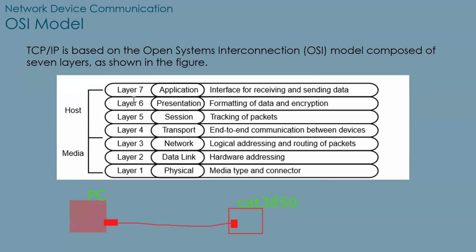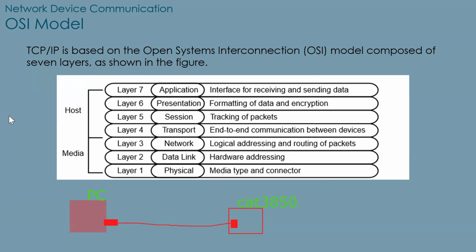Now, if you see this protocol stack, you know that we have the TCP/IP model and the OSI model. Both are different. In the TCP/IP model, you have only 4 layers, and in the OSI model, you have all 7 layers: physical, data link, network, transport, session, presentation, and application.